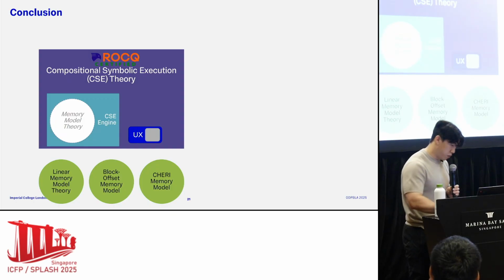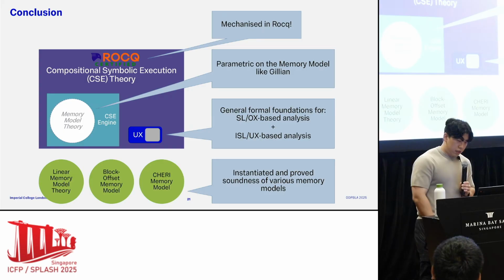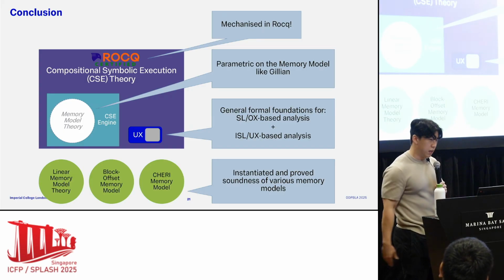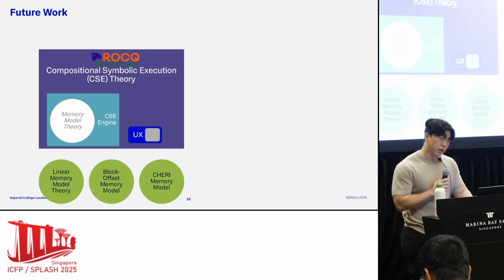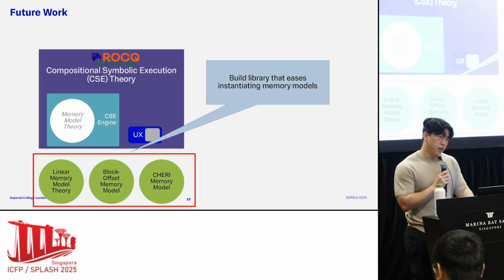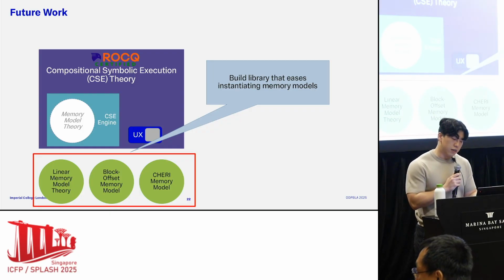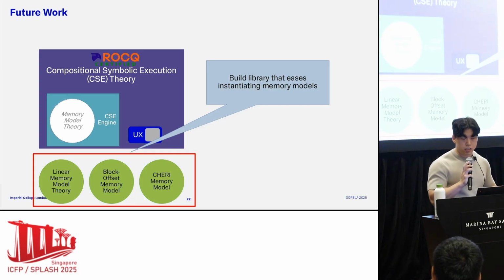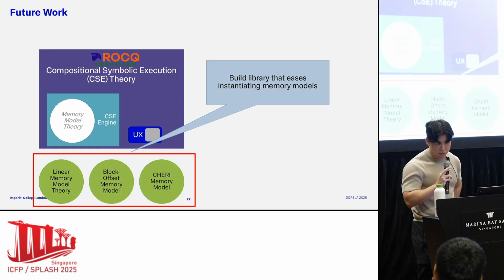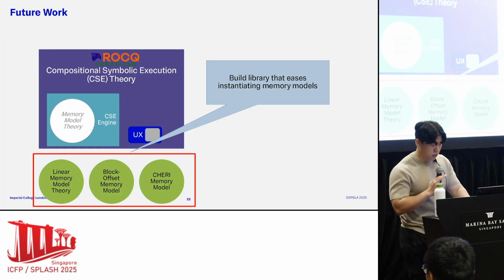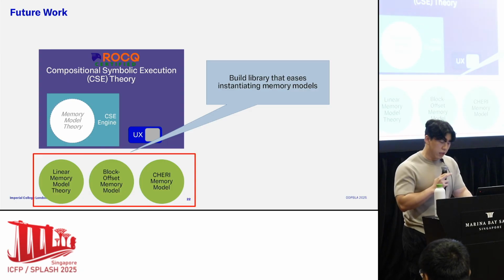To conclude the talk, we have this general mechanized parametric compositional symbolic execution framework. In the future, it'd be nice if we could have some kind of library that eases the instantiation effort of these memory models. Currently, we have to build everything from scratch, and it takes a lot of time to get everything to work.